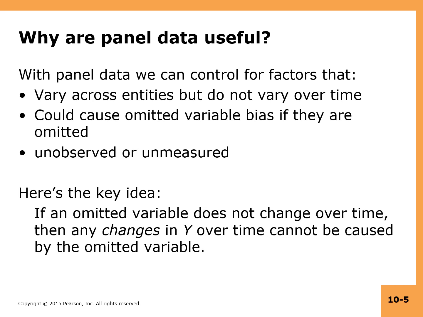So a panel data set allows us to control for these factors. The main idea behind using panel data is that if an omitted variable doesn't change over time, then any changes in Y over time cannot be caused by the omitted variable that doesn't change over time. So we'll explore this further in the next several slides.